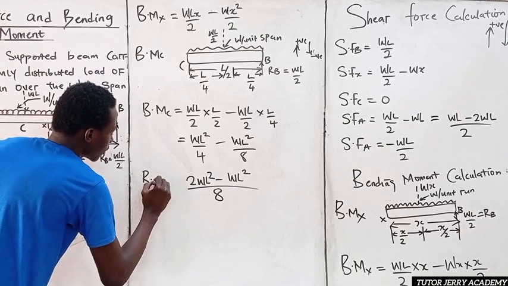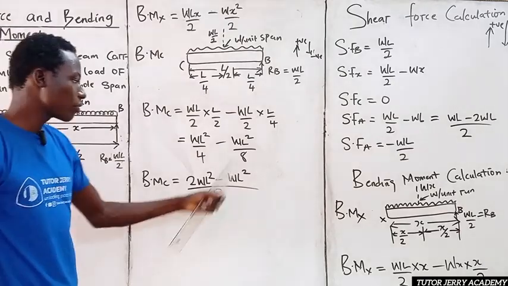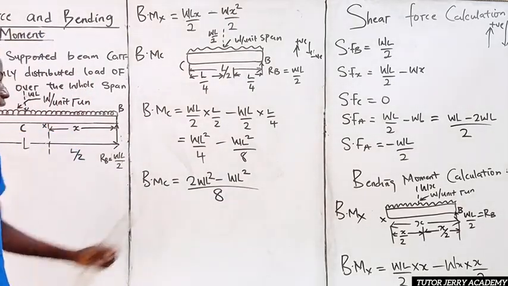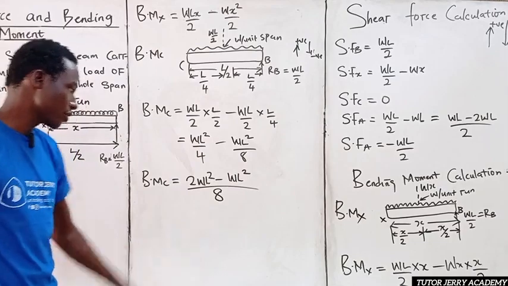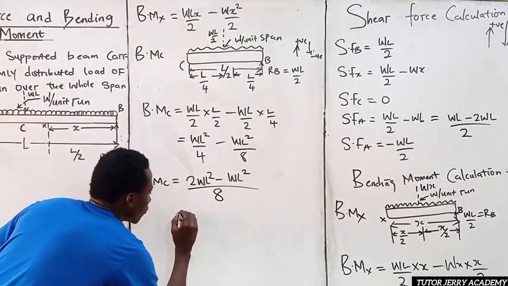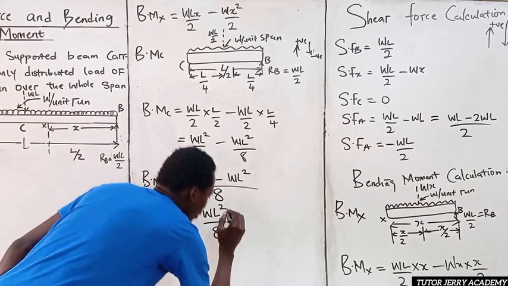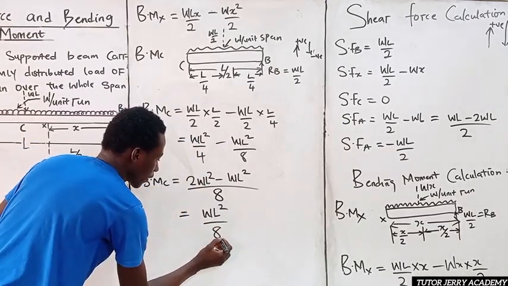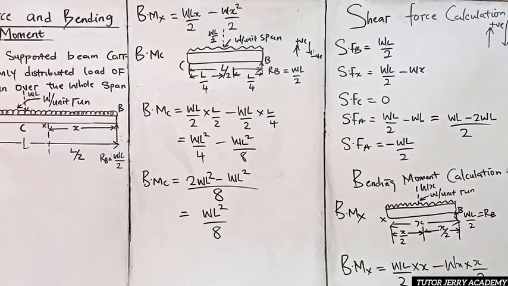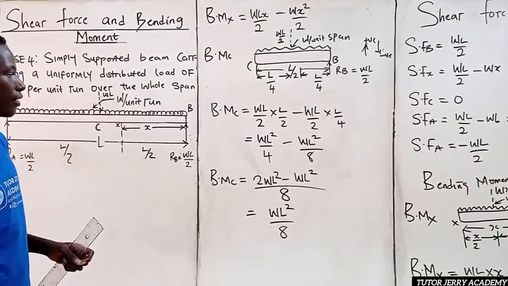So our bending moment at C is equal to 2WL square minus WL square all over 8. Now, if you subtract this from this, you will have WL square. So this will be equal to WL square all over 8. So this is our bending moment at C, which is equal to WL square all over 8.